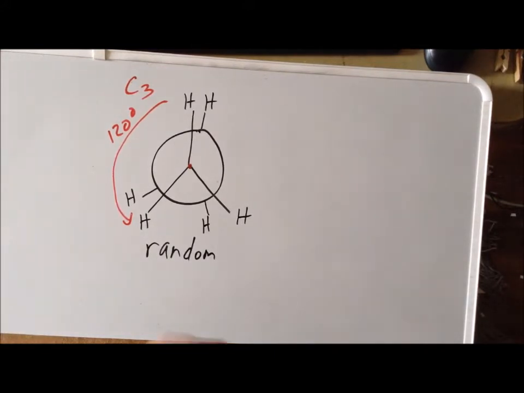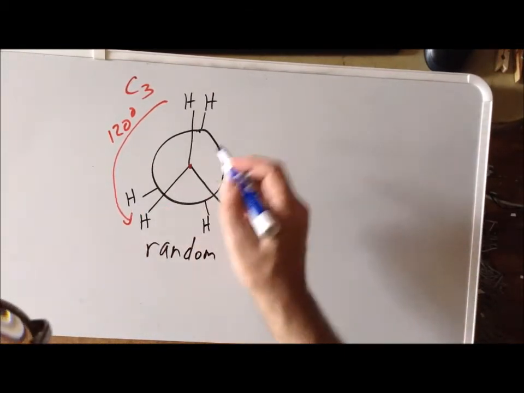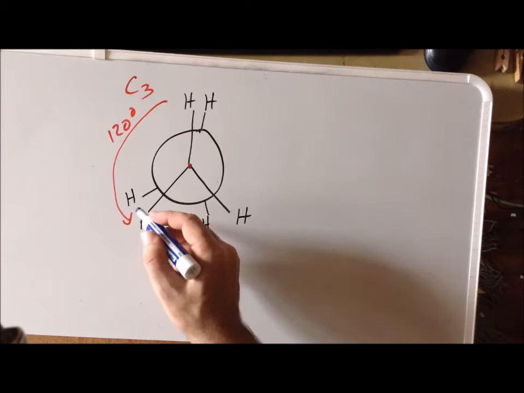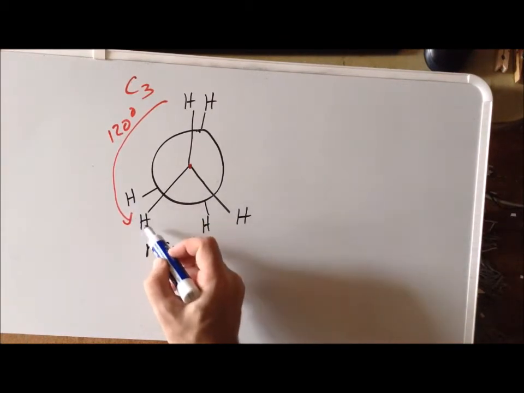So we have that. Let's see if we have any other interesting rotational axes, particularly C2s that are perpendicular to the high order rotation axis, which we notice is along this. Now, these are a little tricky to find, but as I said, I always recommend that we look for C2s exactly halfway between the front hydrogen and the back hydrogen.